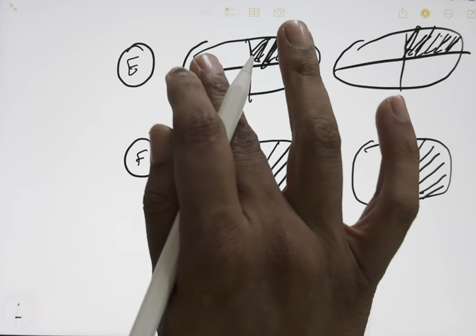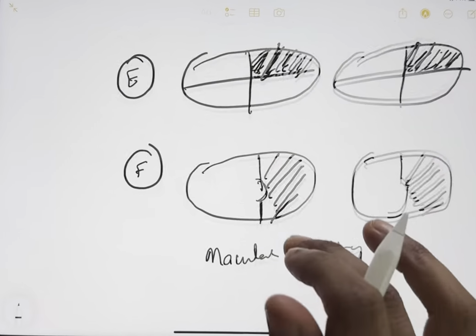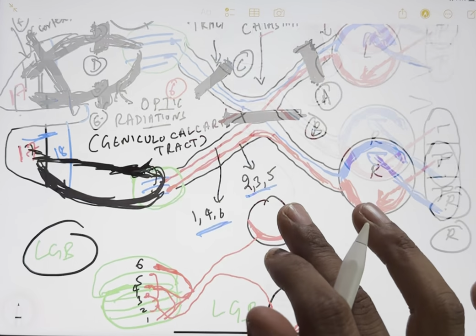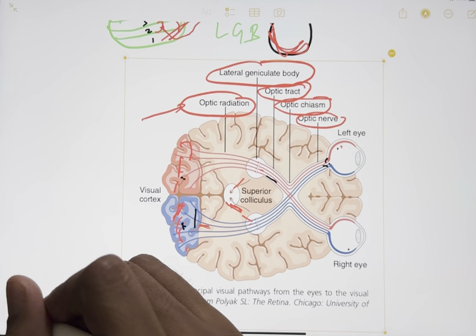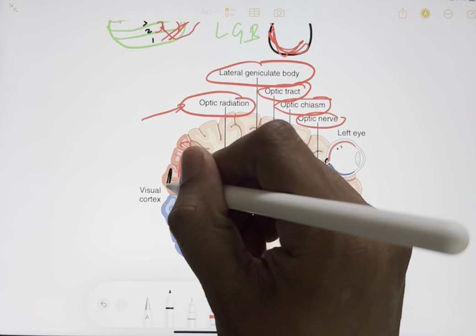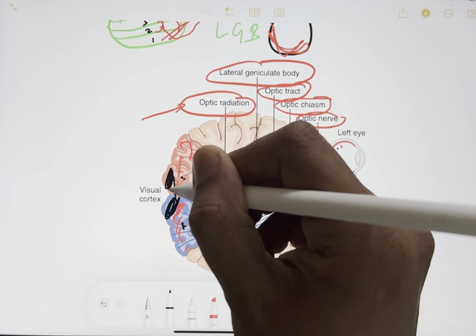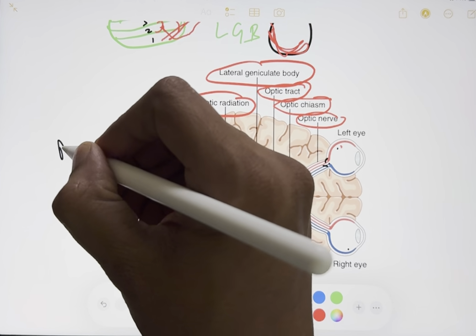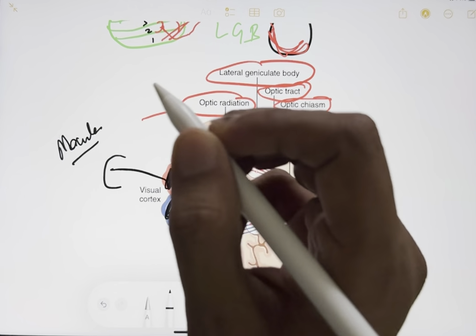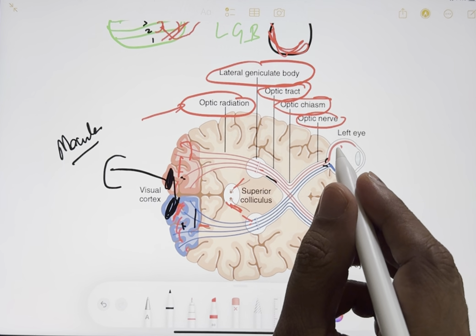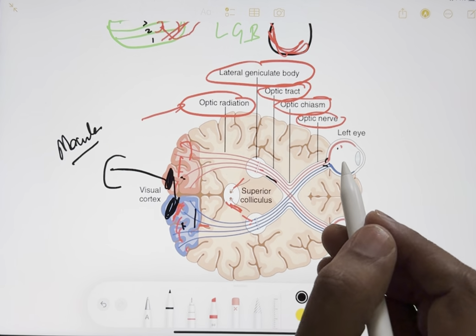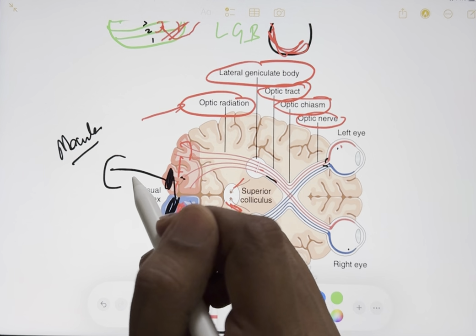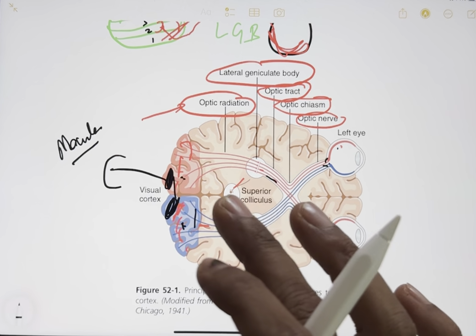This posterior most part in the visual cortex is usually for the macula. This is area number 17, it represents the macula of the retina. There is a point to point representation of the retina in the lateral geniculate body as well as in the visual cortex.